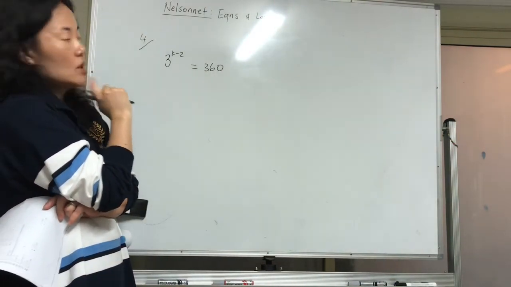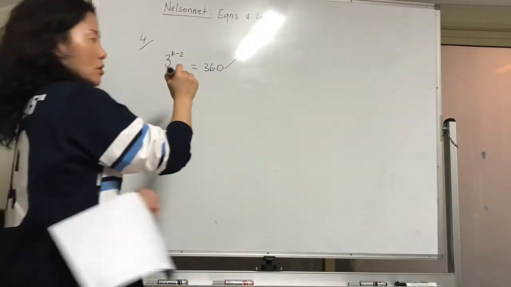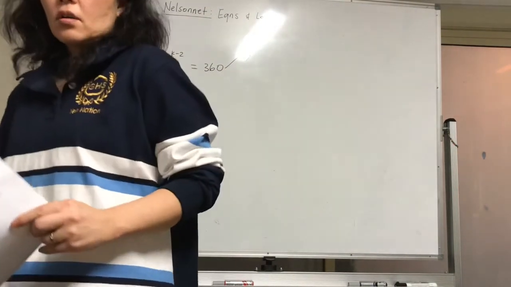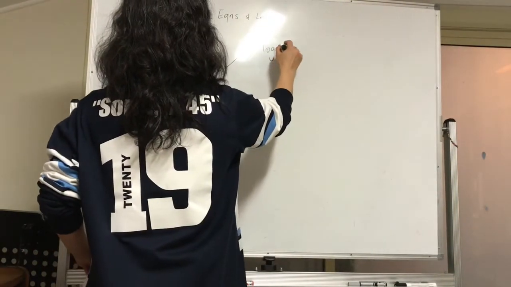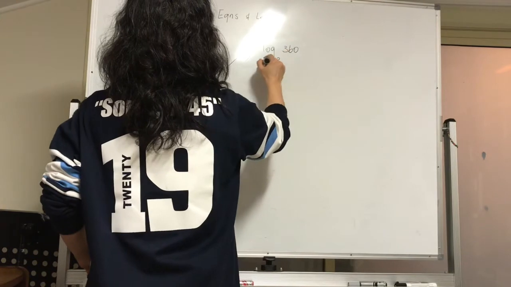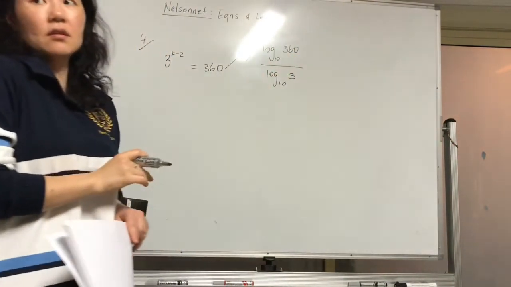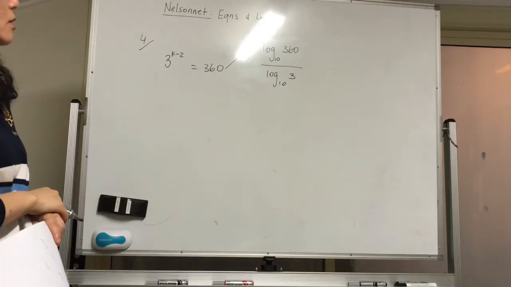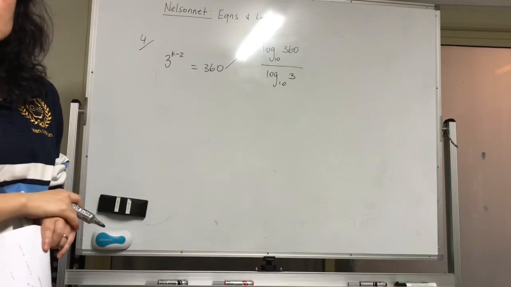So how do you find that this is base of 3? You can use a log. So you can go log 360, log 10, and then go log 10 of 3, and see what you can get. Put it in your calculator. 5 point. Oh, so it doesn't work.